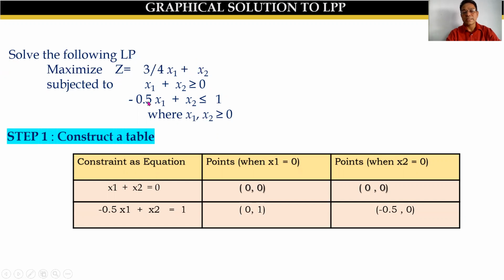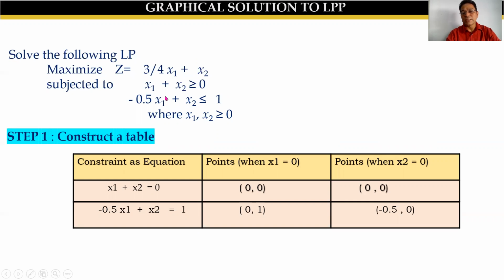Now we'll see the second constraint. What does the second constraint say? The second constraint says that we can have any value of x1 and x2 such that this should be less than or equal to 1. Suppose we consider x2 equal to 2 and x1 equal to 0. Then this will become 2, which is not less than or equal to 1, so it is violating the constraint.